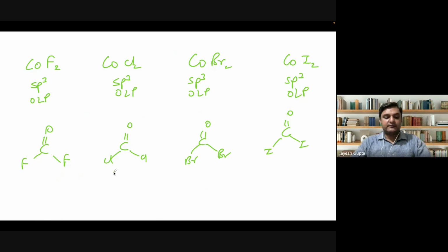So whenever there is a difference in side atom, the concept is like this. For example, I take C double bond O, F, and if I take C double bond O, iodine. Fluorine is more electronegative. So here the bonded pair will be more closer to fluorine.